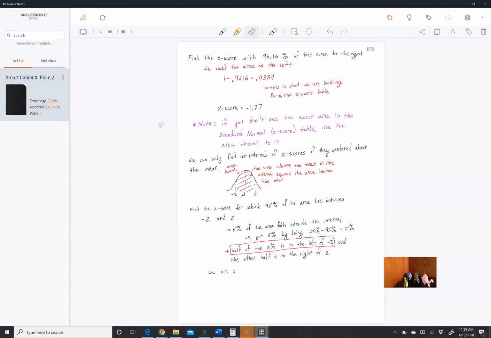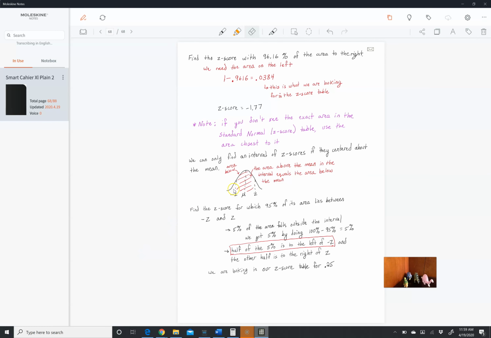We are looking in our z-score table, or our standard normal table. Z-score table is just faster to write, that's why I prefer it. For 0.025.